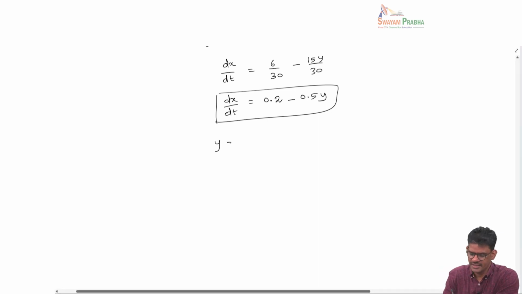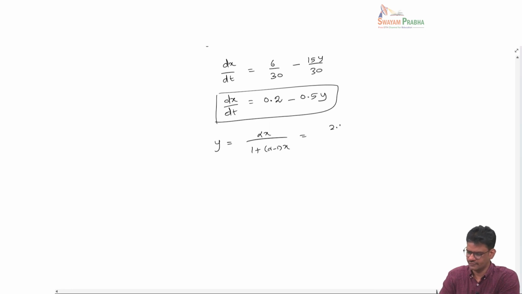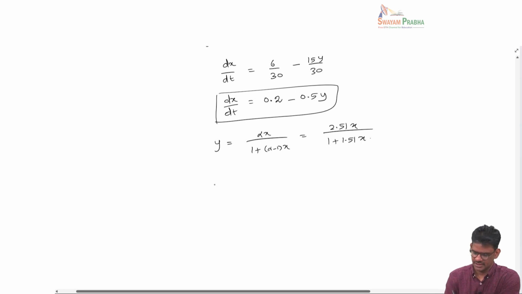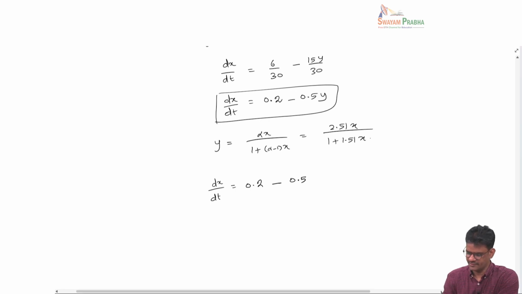So we know that Y can be written as simply alpha x by 1 plus (alpha minus 1)x, and alpha can be substituted here, 2.51x by 1 plus 1.51x. So I can substitute: dx by dt is equal to 0.2 minus 0.5 times 2.51x by 1 plus 1.51x.